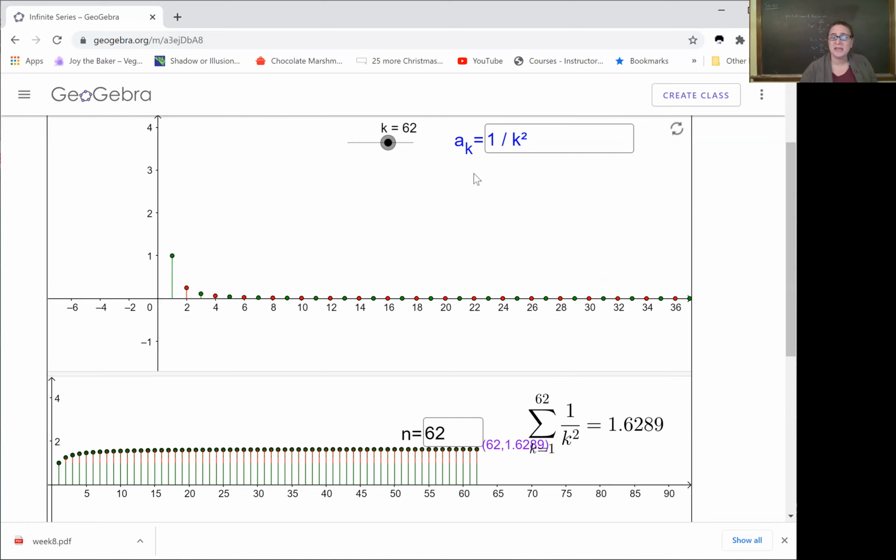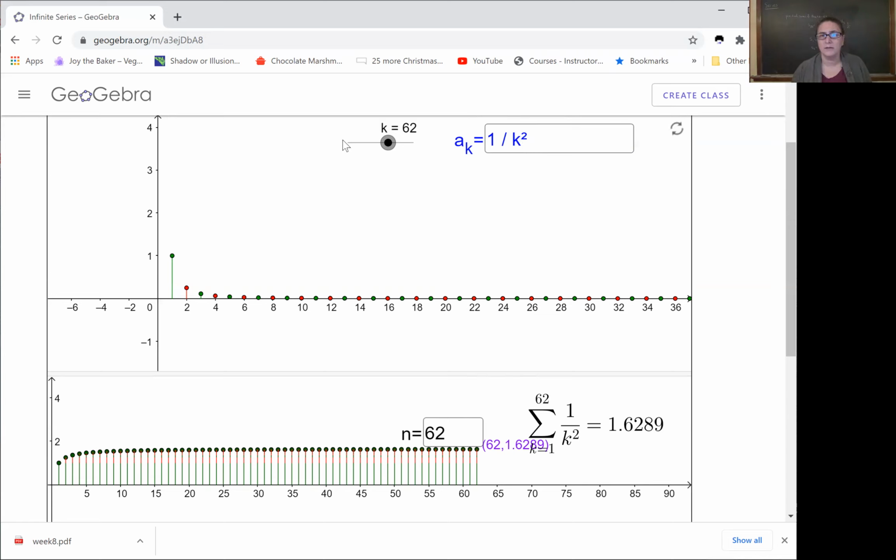But what we will learn how to do is, regardless of whether we know what number it adds up to, tell whether it is going to be convergent or divergent. So in this first section, 11.2, we're going to look at some sequences where we can figure out what it converges to.